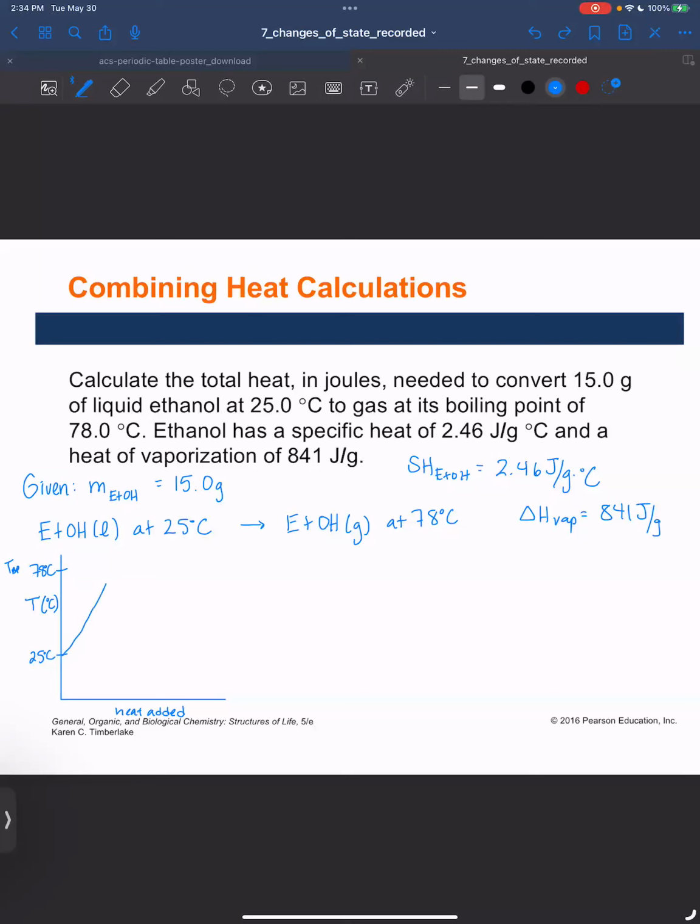It's going to heat up. We have a slope there in that line. So this is ethanol as a liquid, but with a change of temperature. But once we hit the boiling point, then we hit the plateau. And that is ethanol going from a liquid to a gas, and that's called vaporization.